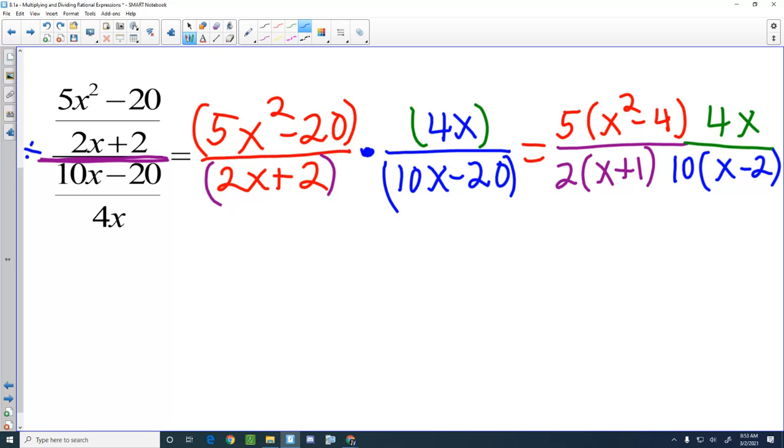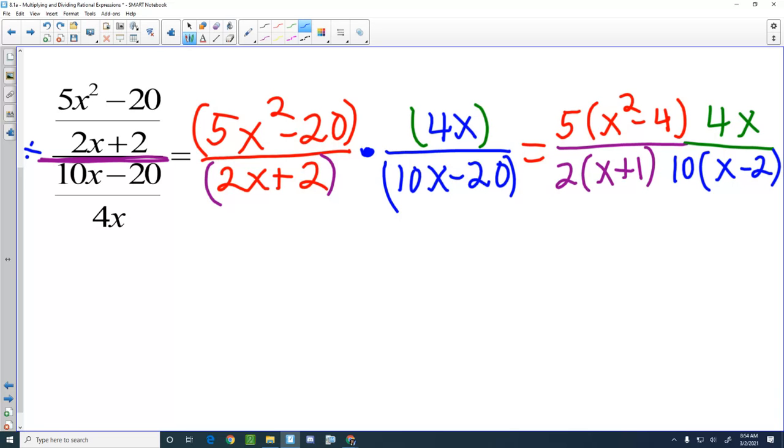Did I factor this all the way? Or is there something else that could be broken down a little bit further? Anyone see it? The coefficients, right? We can multiply and simplify those. But actually, look at those binomials. There's one binomial up there that we could actually break down further.